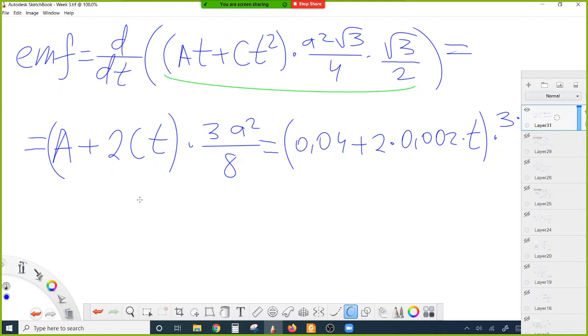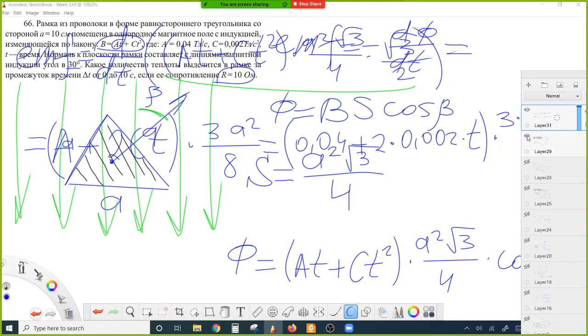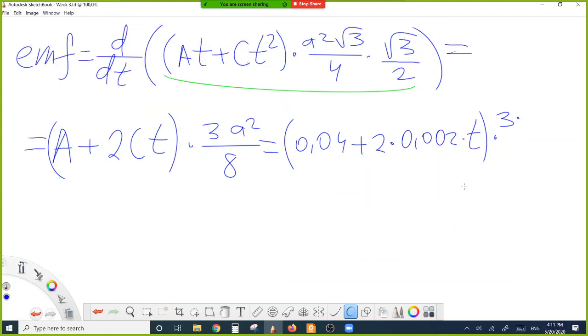The side of our triangle is, okay, 10 centimeters. So 0.1 squared over 8. Okay, we have the expression of electric motive force.